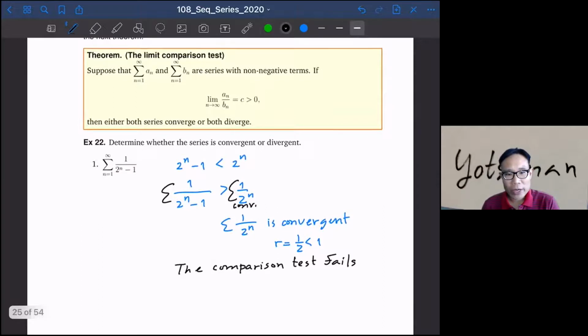The limit comparison test turns out to use the sequence Bn. However, you don't have to use algebra for comparing two terms.